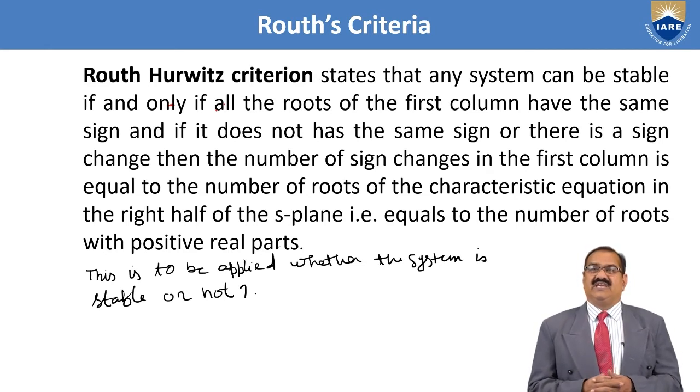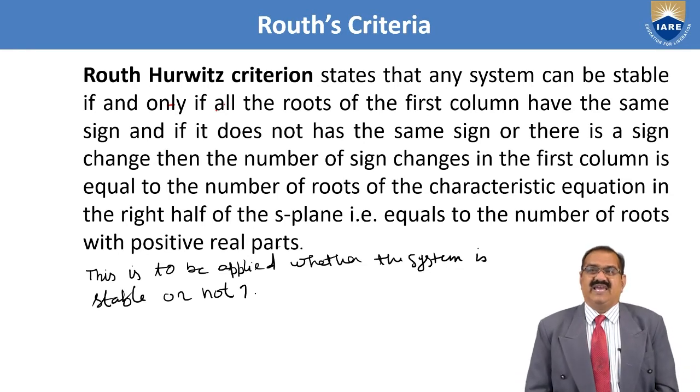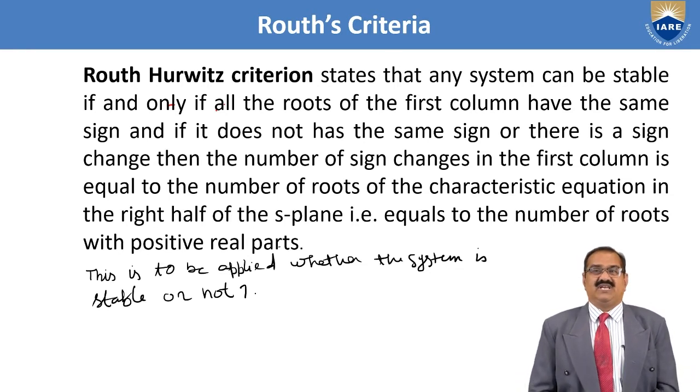This criterion is very important because it says whether the aircraft is stable or not. Any system can be stable if and only if all the elements of the first column have the same sign. Meaning in the first column, all should be plus or all should be minus.